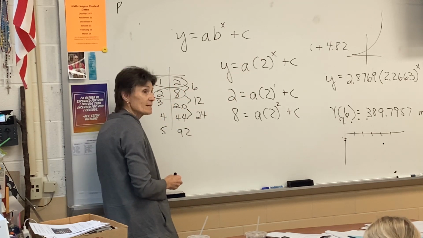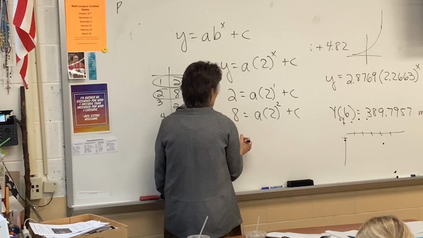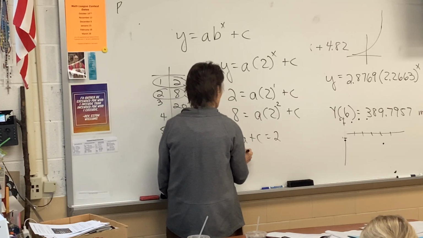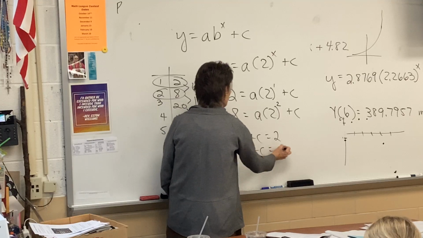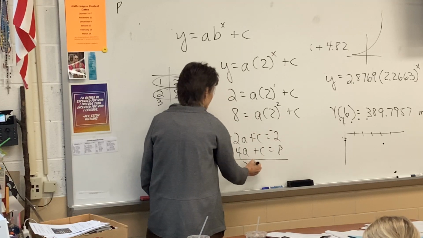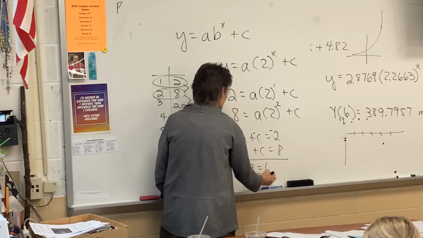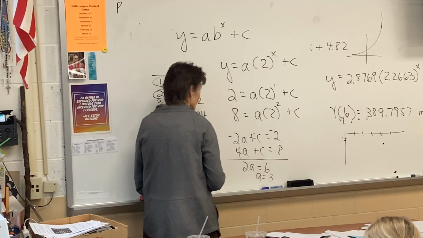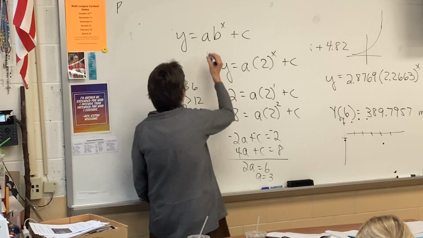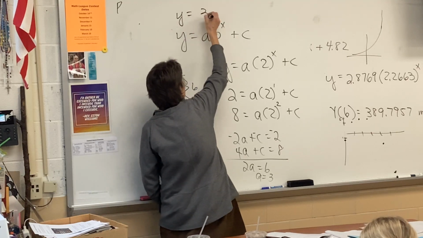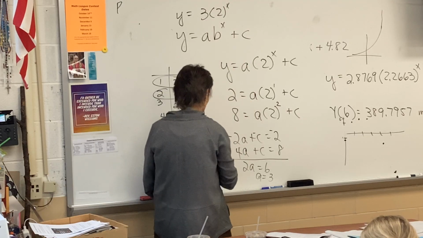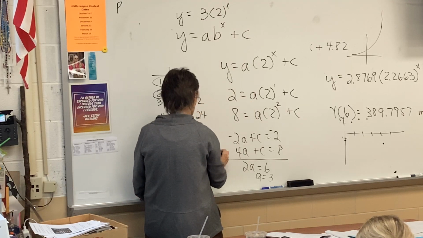So now I've got a system of equations. So 2a plus c equals 2, and 4a plus c equals 8. Did you get 3 for a? And if a is 3, then c must be, 2a plus c is 2.